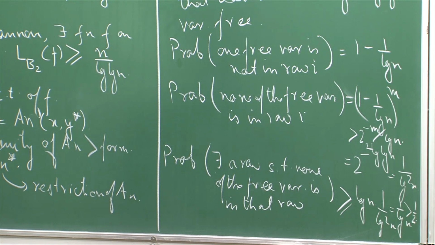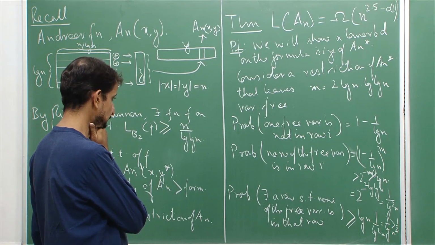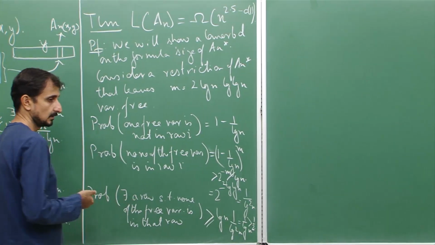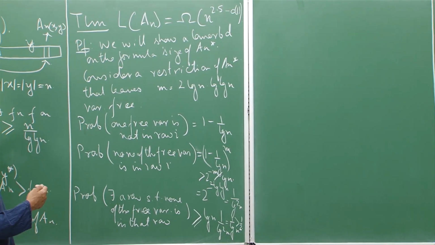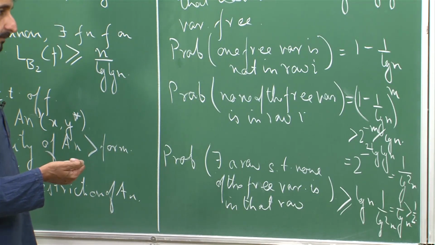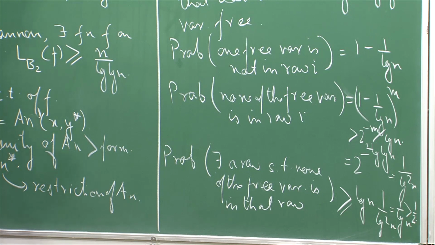So, if I am applying the union bound, the probability of the union is less than or equal to the probability of the individual events.